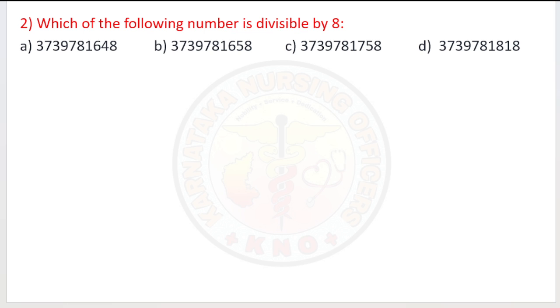Next question. Which of the following numbers is divisible by 8? Instead of solving by simple division taking all the options, more time will be taken. So what is the rule of divisibility by 8?